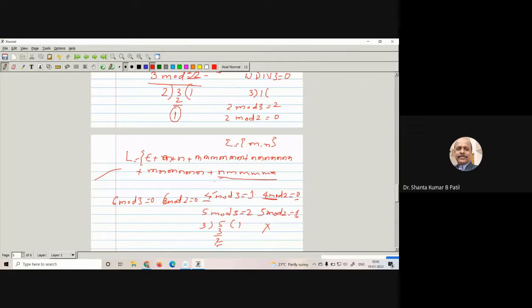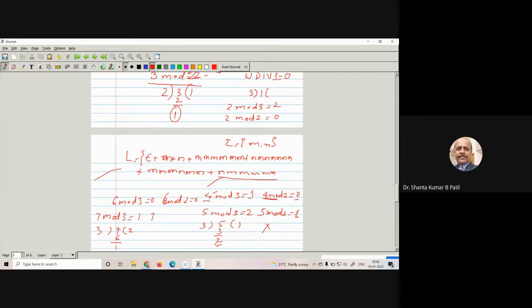Okay, 7. So 7 mod 3 is what? Just check it. 7 mod 3 is equal to 1. If you divide 7 by 3, 3 times 2 is 6, so the remainder is 1. Therefore, 7 mod 3 is equal to 1.